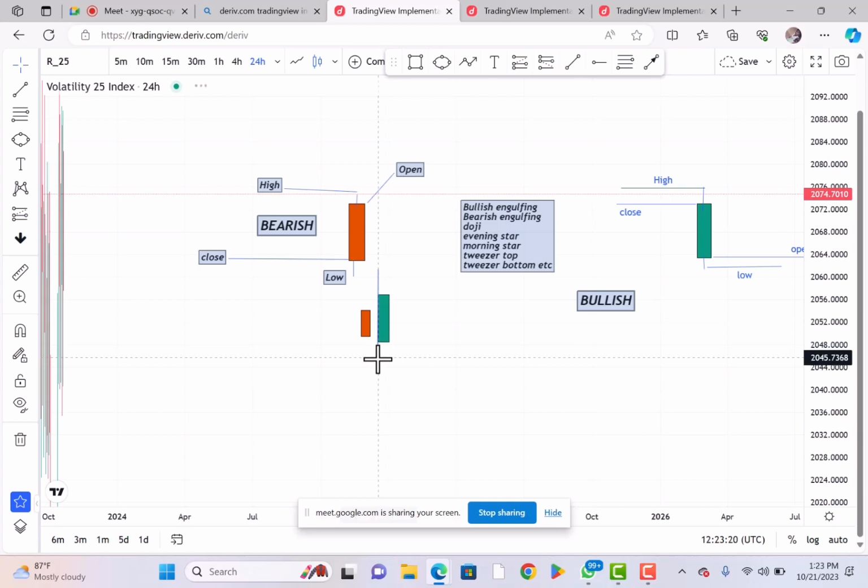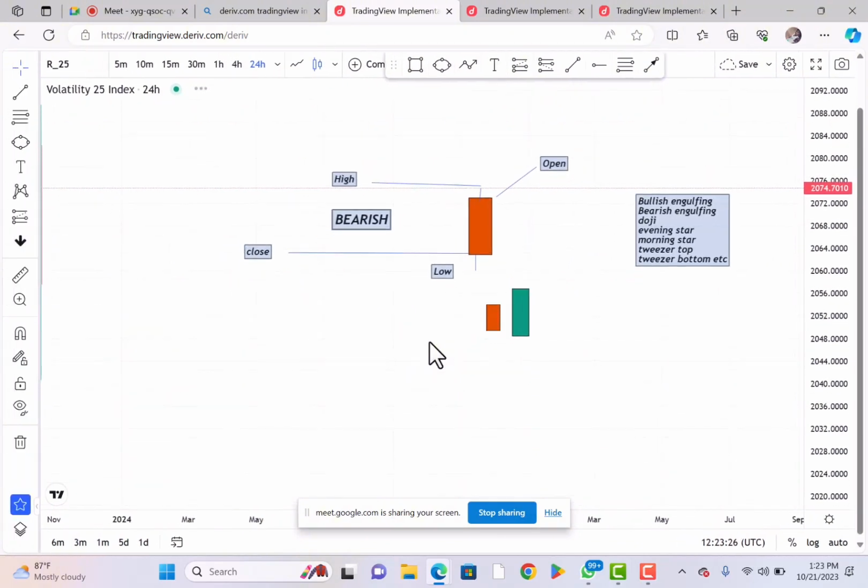So I'm saying that the bullish candle completely engulfs the body of the bear candle. That's why they call it a bullish engulfing candle.